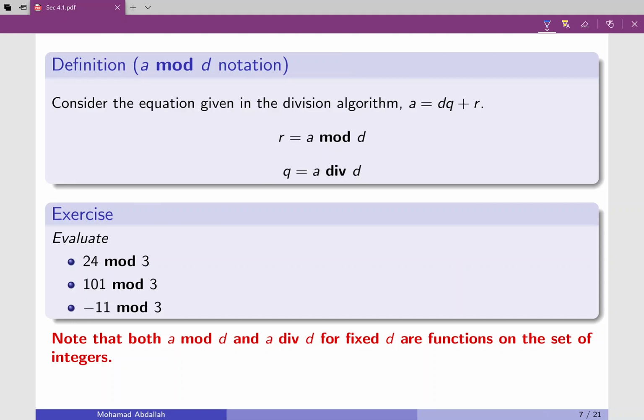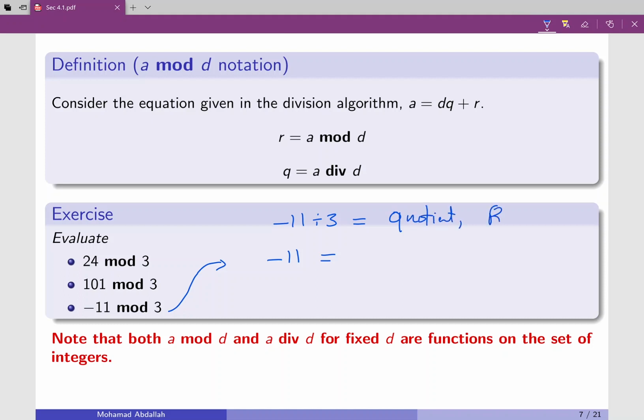Here, this is an interesting one because I want to divide a negative number by 3. Remember that when I divide negative 11 by 3, I should get a quotient and a remainder.